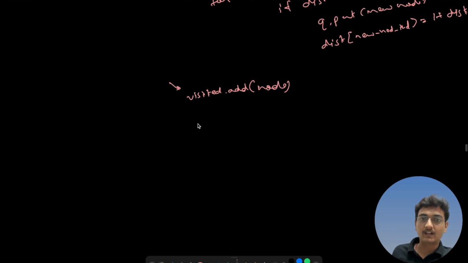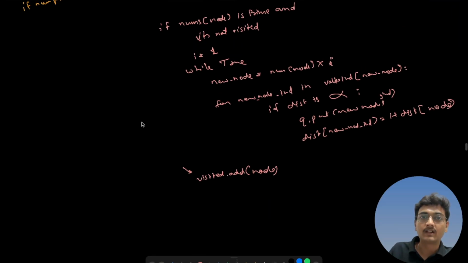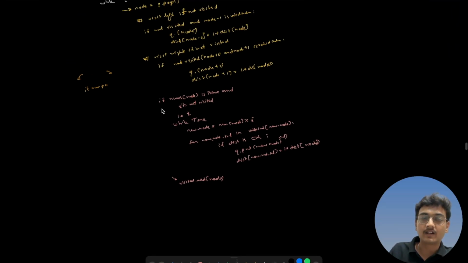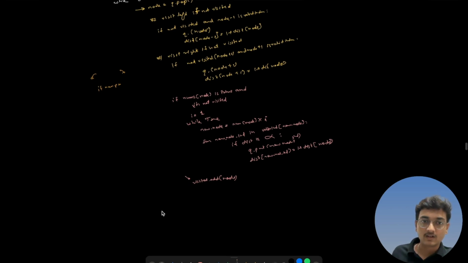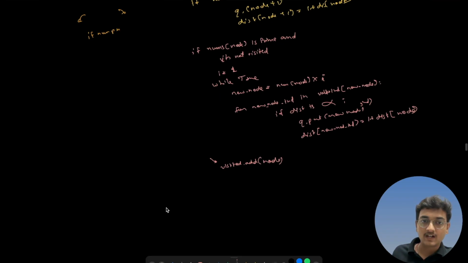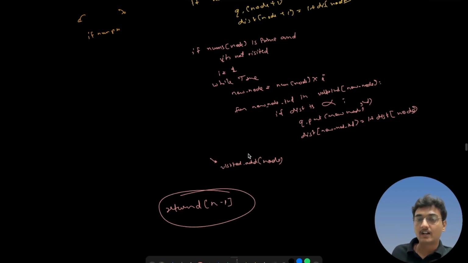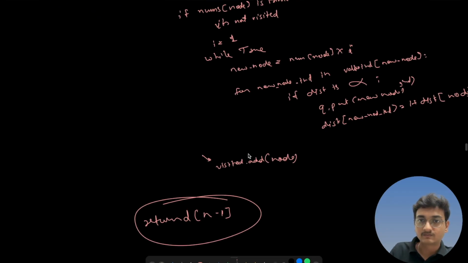Now in the last, after completing all the nodes, so let's say all the nodes are visited and everything is done, I'm outside this loop, the while queue loop. So in the last, I need to just return the distance of my n minus 1th node. Okay, I think this part is done. And one more optimization I think I can do.